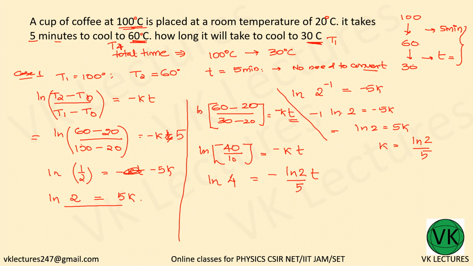So this is T1, this is T2. I have not written correctly, right? Yeah, okay, fine, thank you. So this must be 30, this must be 60. So this is 1 by 4.